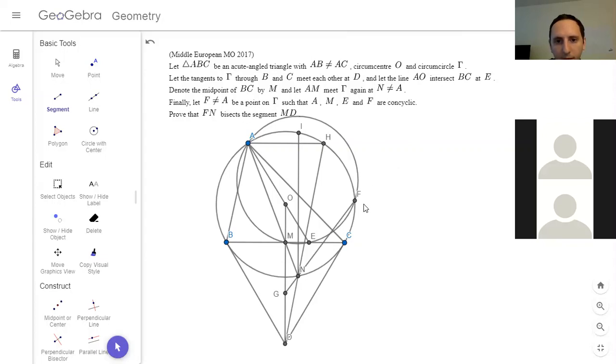How is F defined? So AMEF is cyclic. Okay, so we want to show AIHF is harmonic.